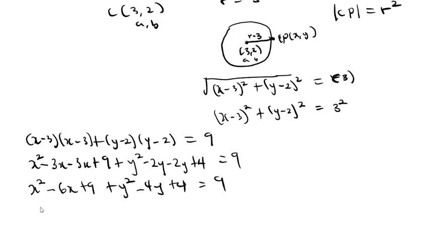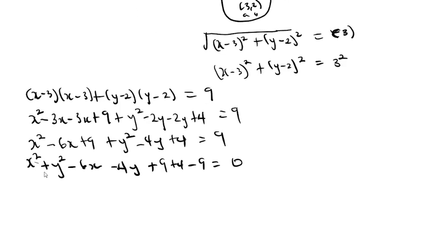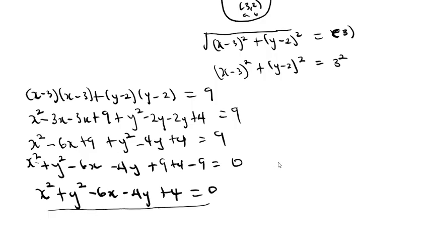Let's simplify. We have x squared plus y squared minus 6x minus 4y plus 9 plus 4 minus 9 equal to 0. Okay, so our equation will be x squared plus y squared minus 6x minus 4y plus 4 equal to 0. So this is the equation of the circle, right?